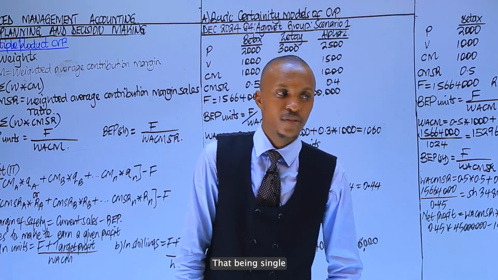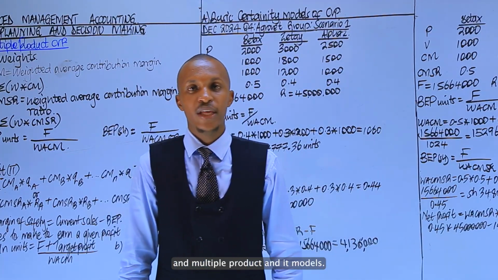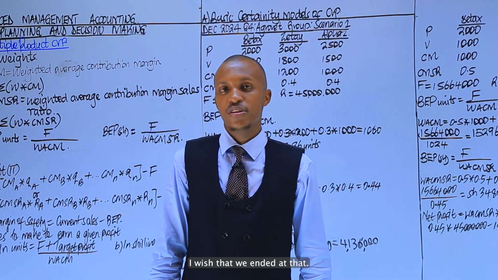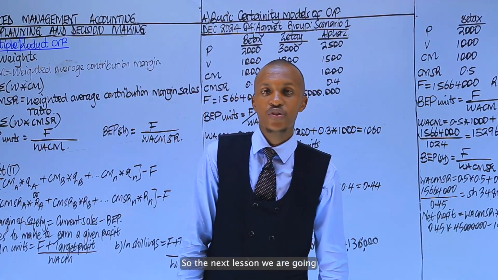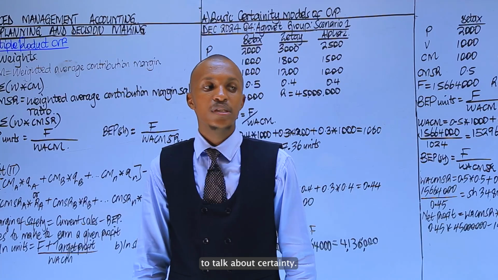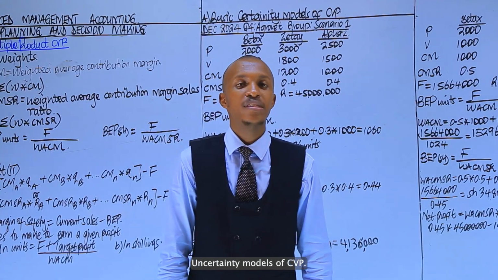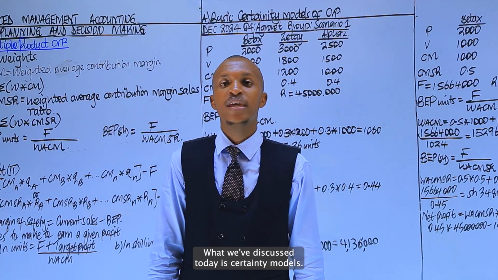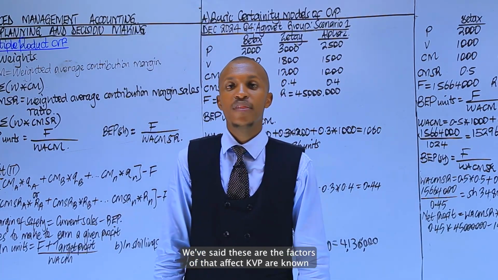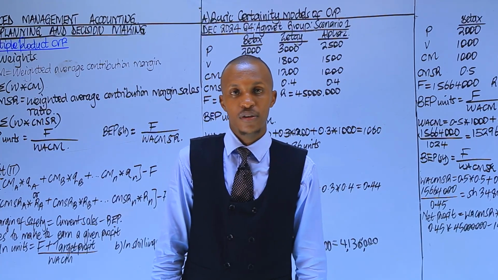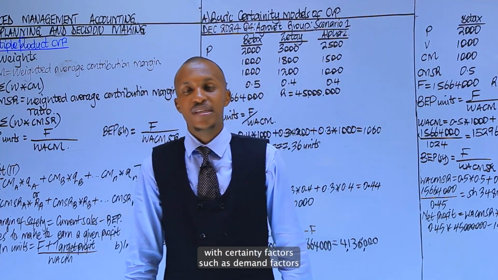That's being single and multiple product under certainty models. I wish that we end it at that. So in the next lesson, we are going to talk about certainty and uncertainty models of CVP. What we've discussed today is certainty models, where the factors that affect CVP are known by the user with certainty.